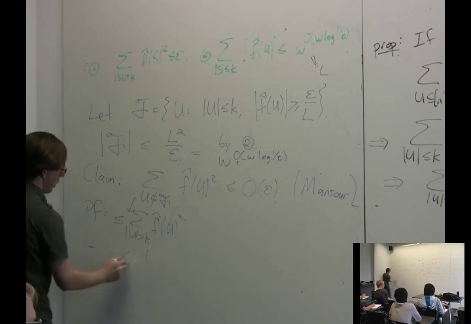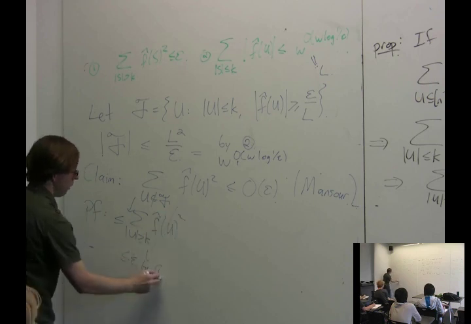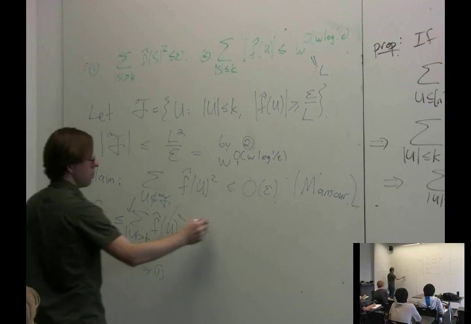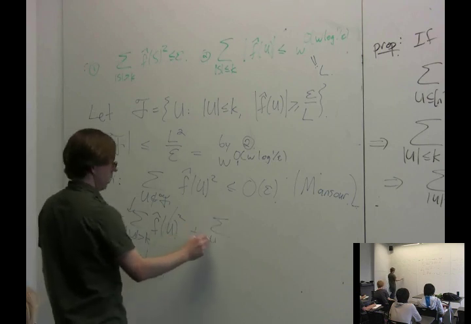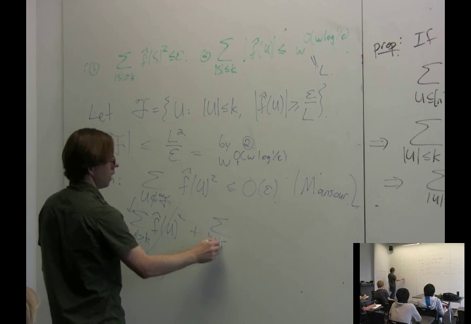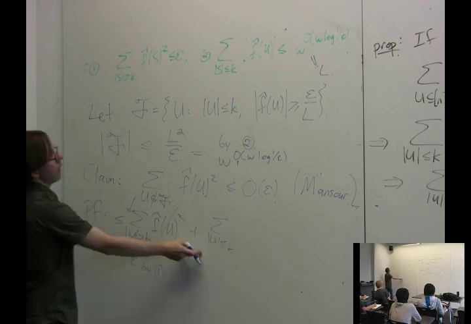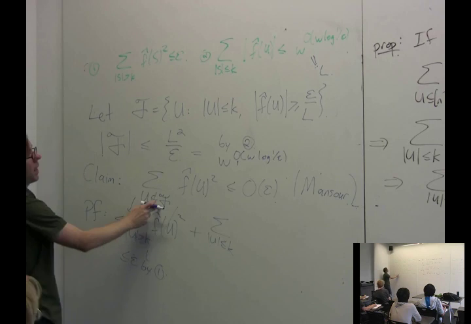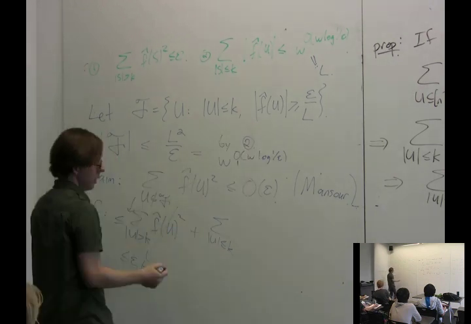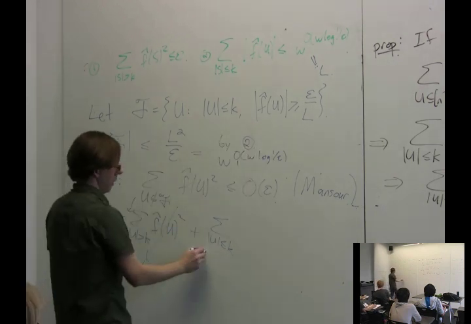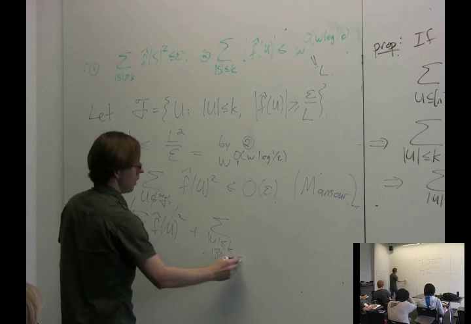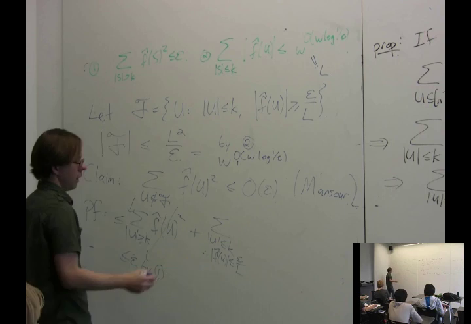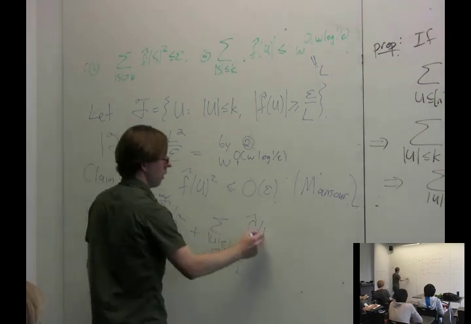That's at most epsilon by 1, plus the sum over U with cardinality less than k but not in script F. It has to be because you're small, therefore f hat U is at most epsilon over L, of f hat U squared.